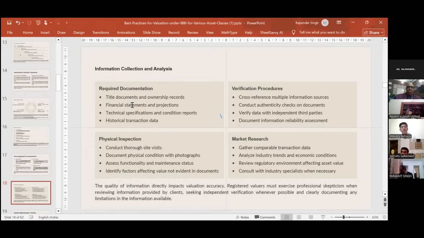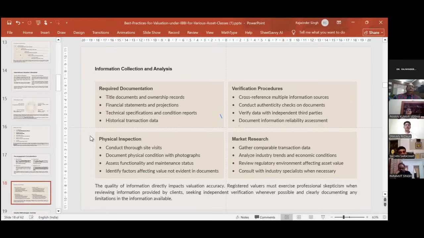For financial asset class, you must have financial statements and projections of the company. For plant and machinery valuers, they must have technical specifications and condition reports of the plant and machinery, and they must have historical transaction data. So these are the minimum required documentation for starting your work.